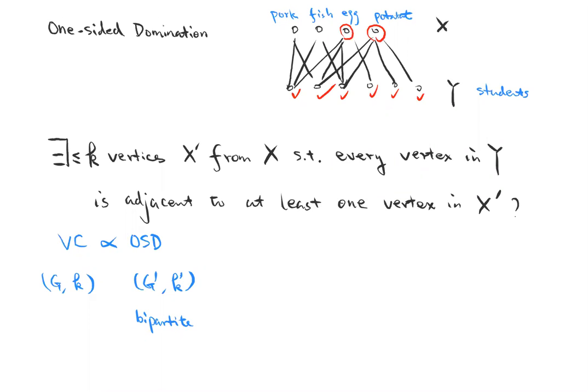Vertex cover is a relation between vertices and edges: a vertex, and an edge UV. In vertex cover, we are really talking about the relation between vertices and edges. We use vertices to cover all edges.